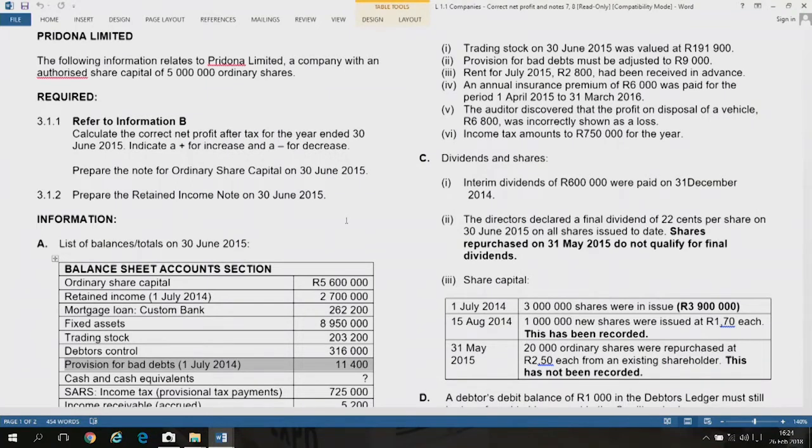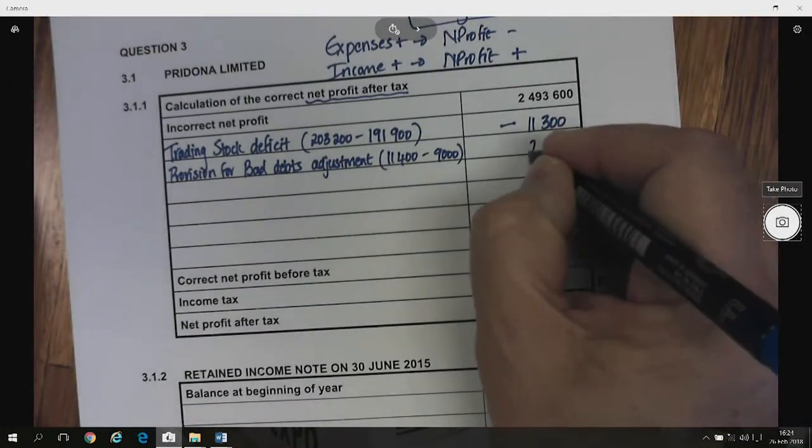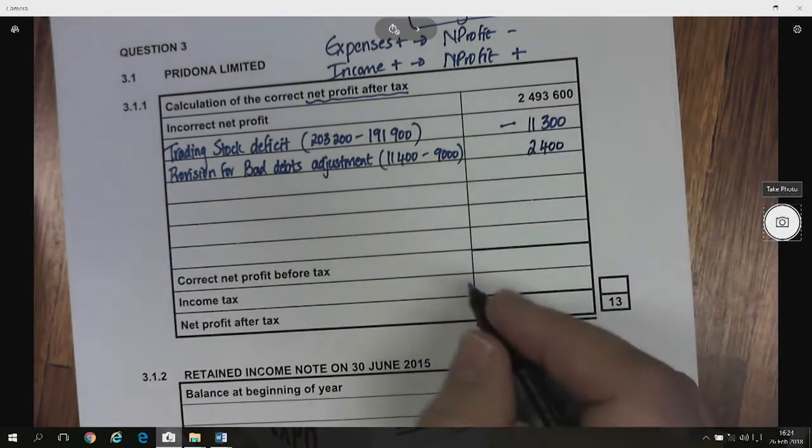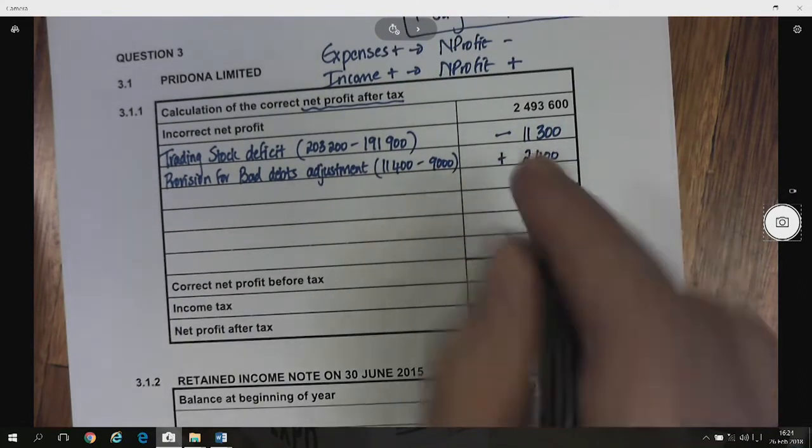In the meantime, you can quickly calculate the amount. We will say 11,400 minus 9,000, and that will give us 2,400 Rand. But remember, the provision became less, so that is an income for the business, so that one is a plus.